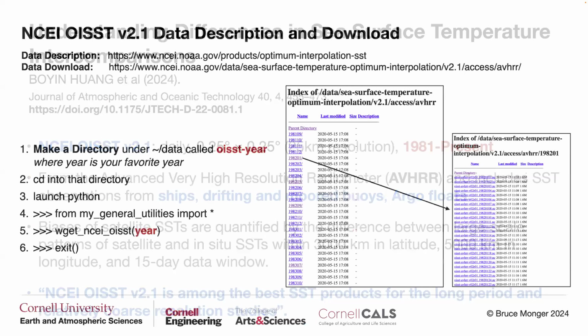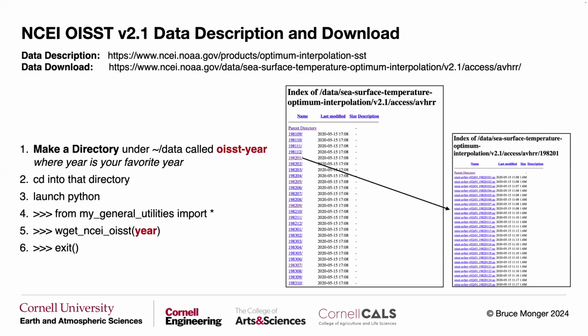And then finally, you can go to these websites. There's a description of the data in this URL, and there's where the data actually sits. If you click on that link, you get to this page that has years, 1981 all the way to present. Click on a year and you get month 1 and day 1, month 1 and day 2, month 1 and day 3, all the way to month 12, day 31. You could be clicking for a long time, one by one, if you were to download them all by clicking on them.